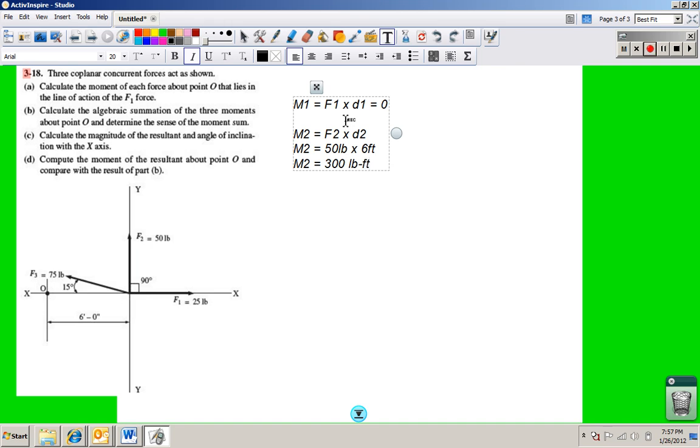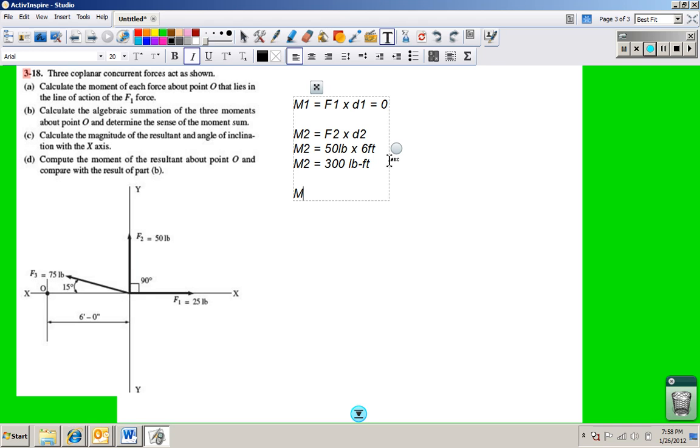Now, we need to be sure to check whether that's a positive or negative. If I have a thumbtack in O and I am pulling up at F2, things are going to tend to go in a counterclockwise fashion, and that's a positive moment, so we leave the sign like it is on M2.